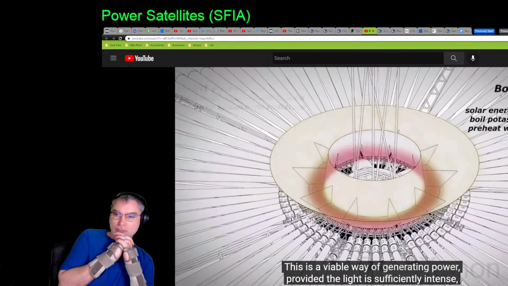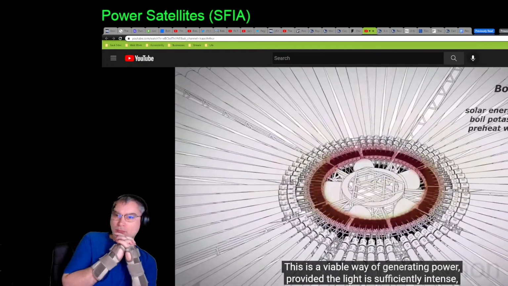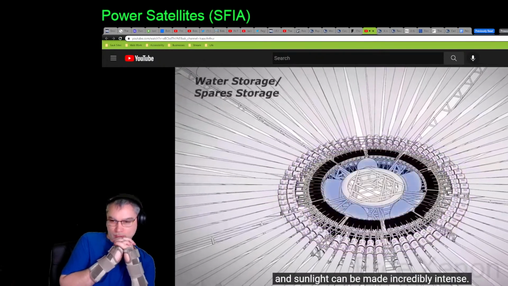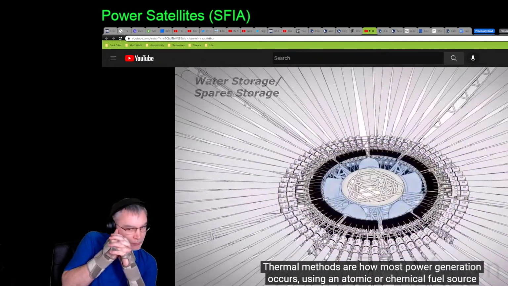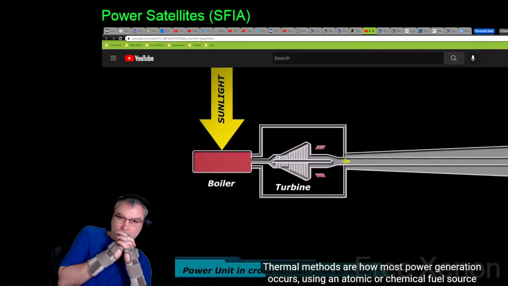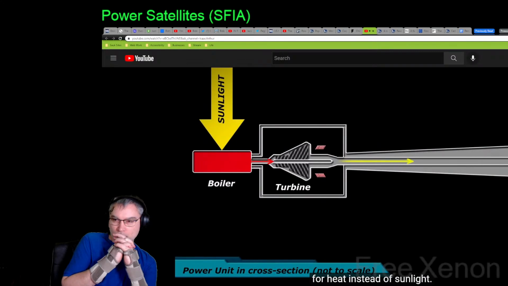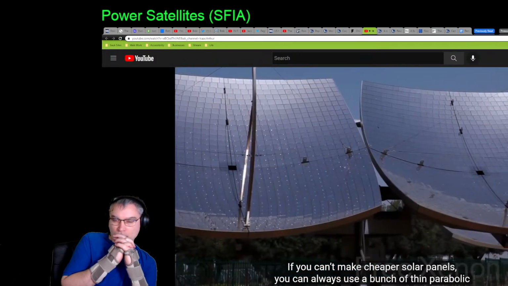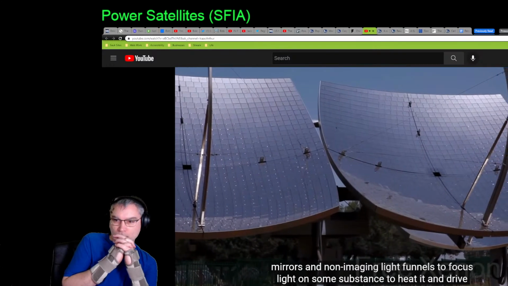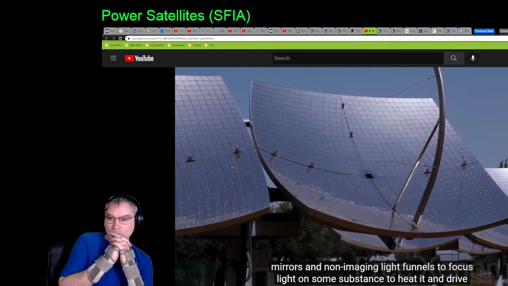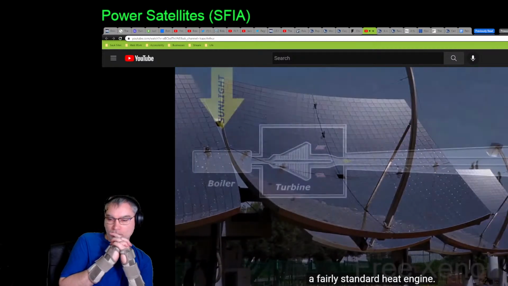This is a viable way of generating power, provided the light is sufficiently intense, and sunlight can be made incredibly intense. Thermal methods are how most power generation occurs, using an atomic or chemical fuel source for heat instead of sunlight. If you can't make cheaper solar panels, you can always use a bunch of thin, parabolic mirrors and non-imaging light funnels to focus light on some substance to heat it and drive a fairly standard heat engine.